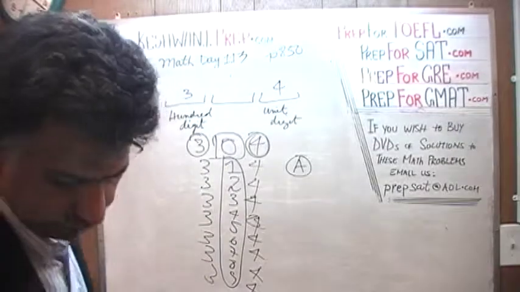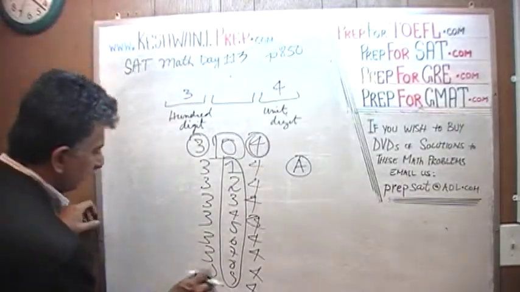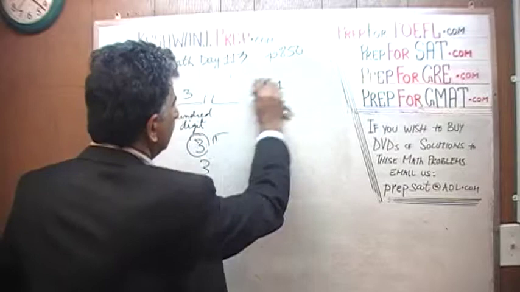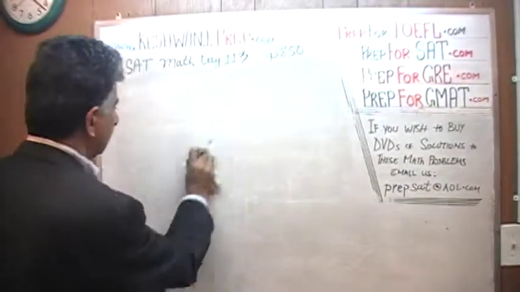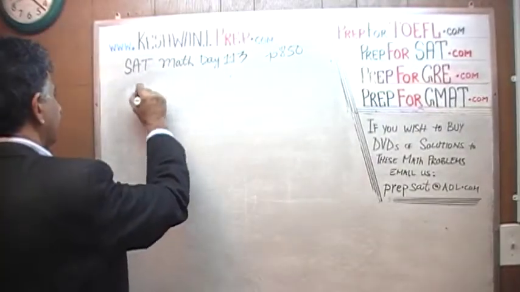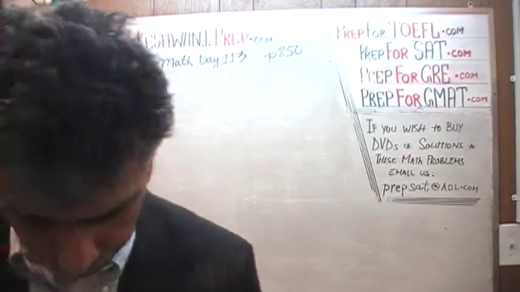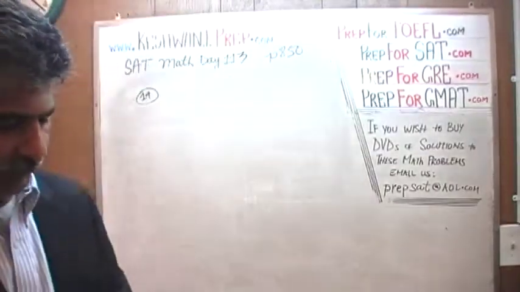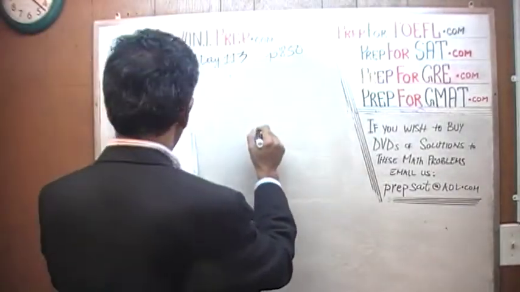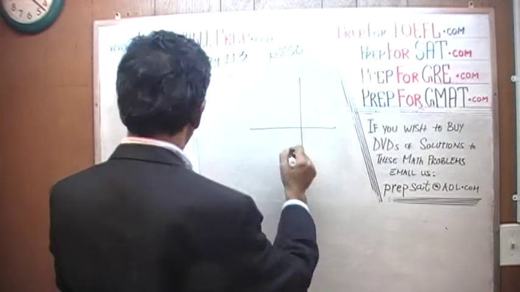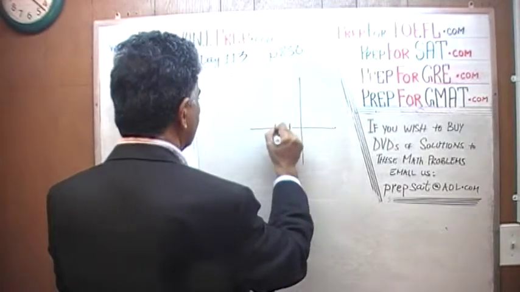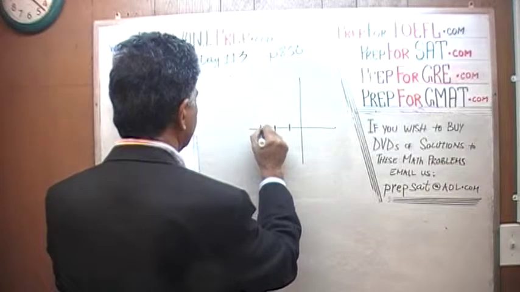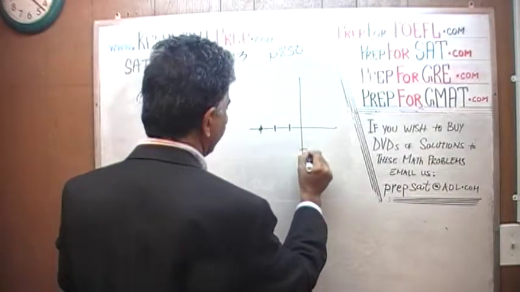Number 14. We're done with the last one. In number 14, they give us a graph that looks like this. 1, 2, 3, and 1.